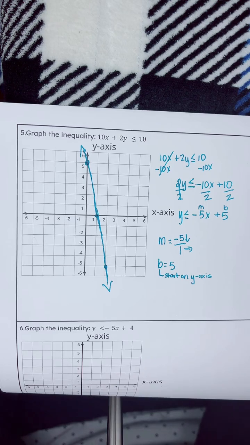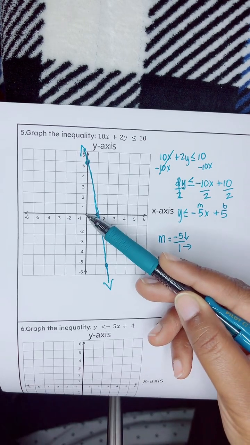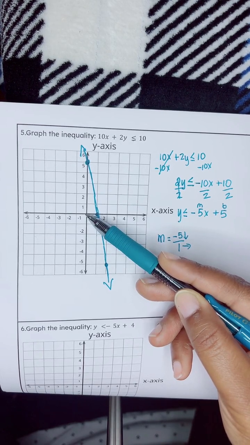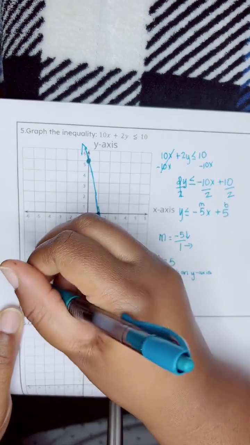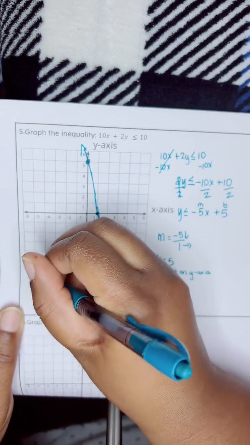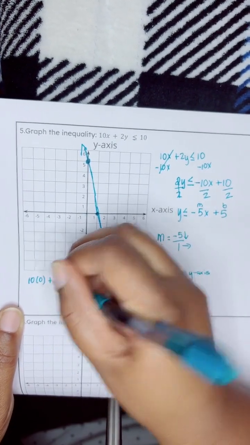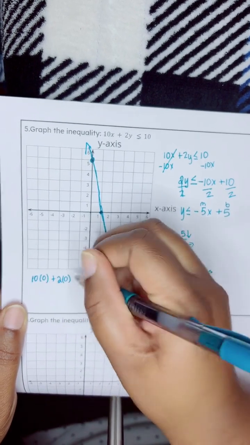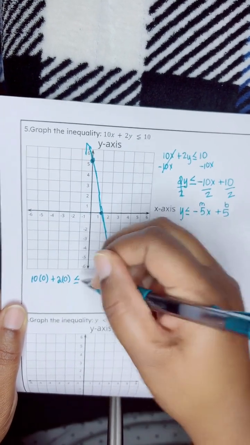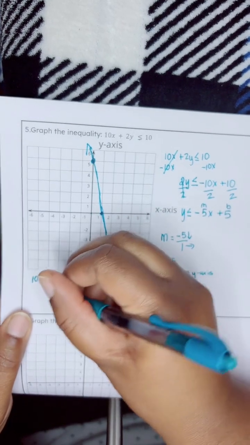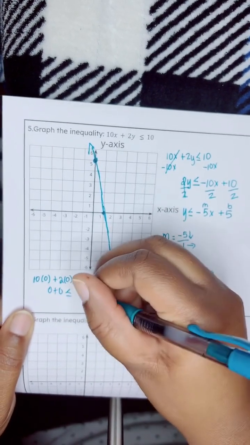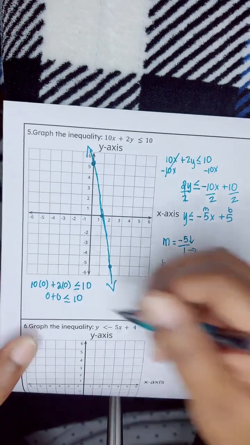So I'm going to test 0, 0. I'm going to plug in 10 times 0 plus 2 times 0. And it has to be less than 10. Well, 0 plus 0 is less than 10. 0 is less than 10.